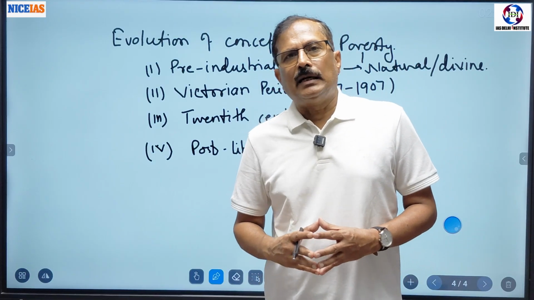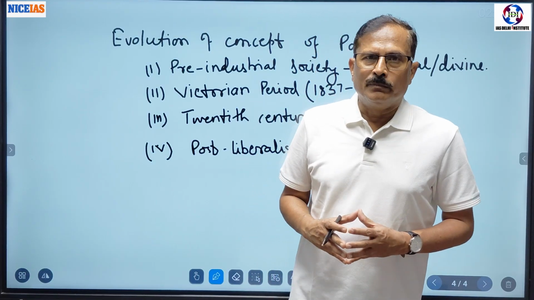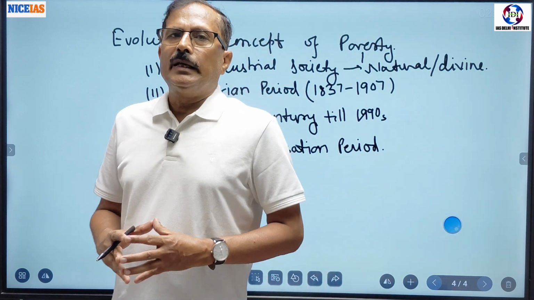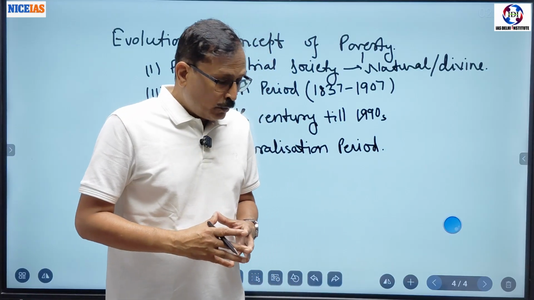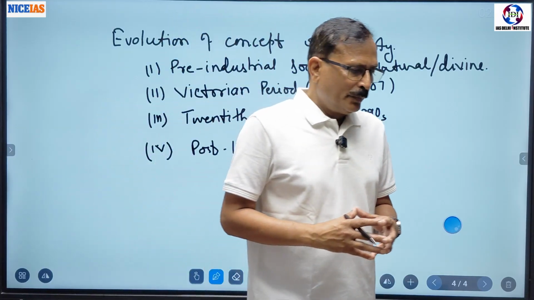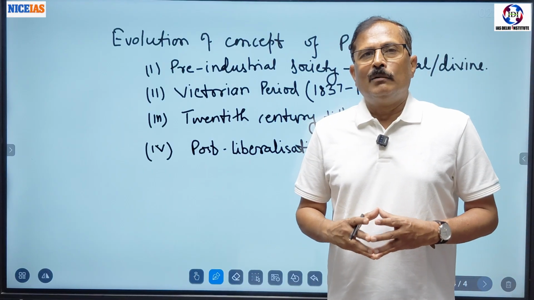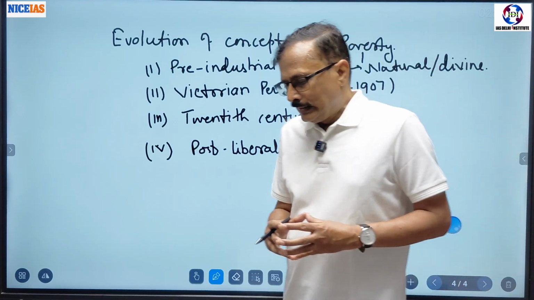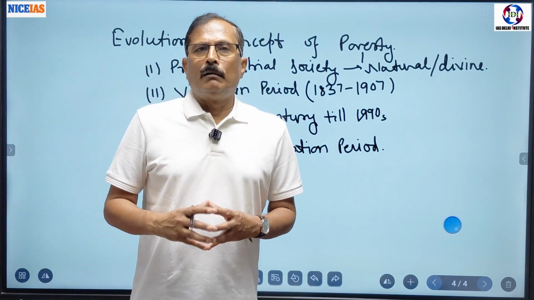It was not considered a social problem. Next came Karl Marx in the 19th century, who identified poverty as an artificial phenomenon and a social problem. That is, it is a man-made phenomenon.